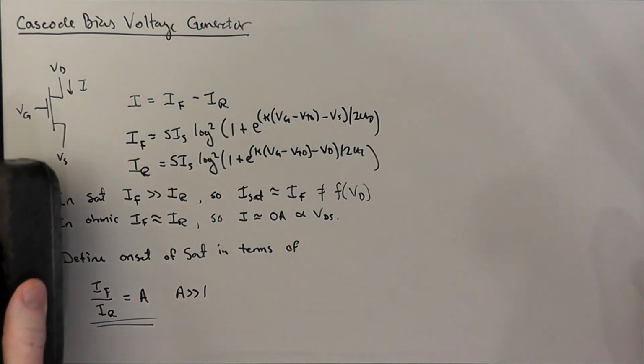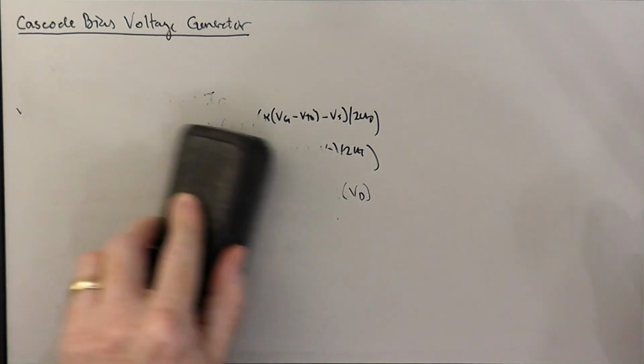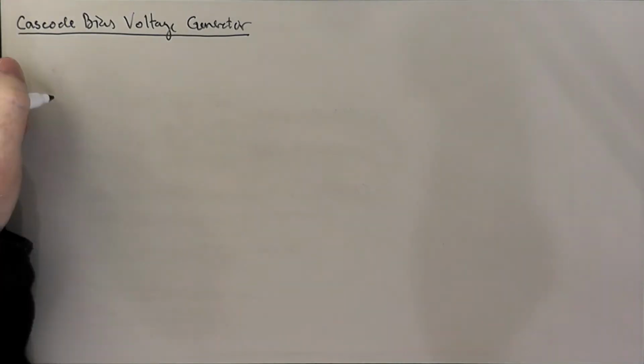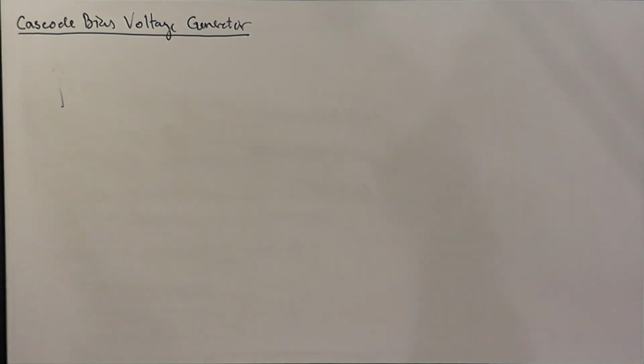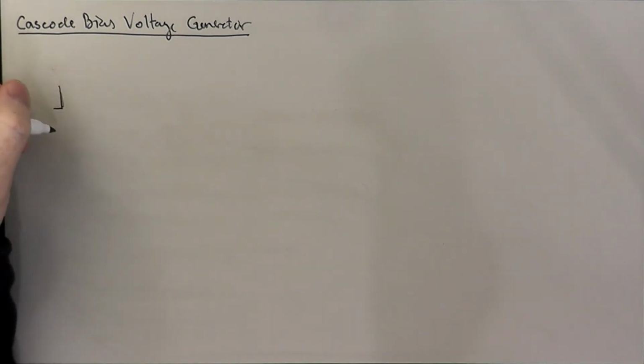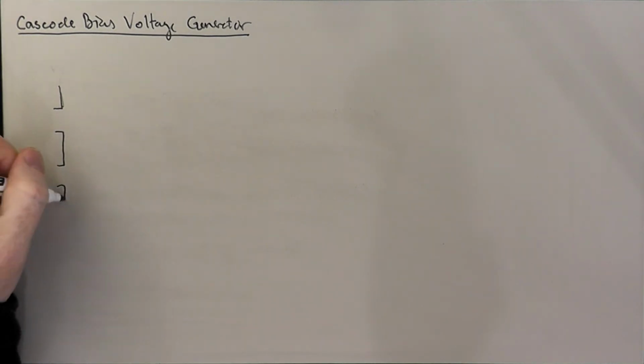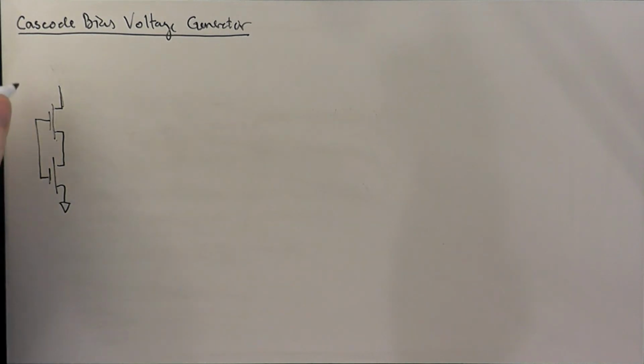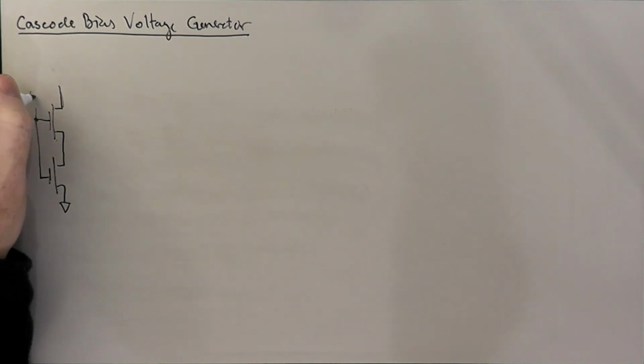Okay? So let's take a pair of transistors connected in series, so they have a common gate voltage, which we'll call VG. I'll call this one M1 and this one M2.